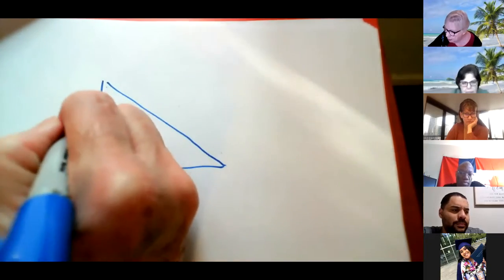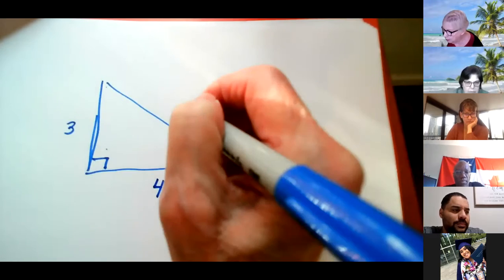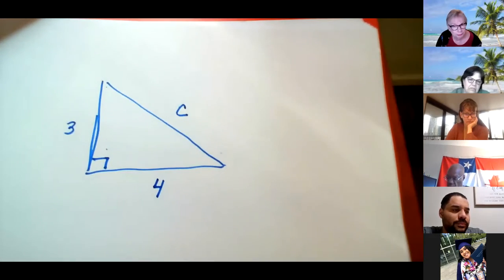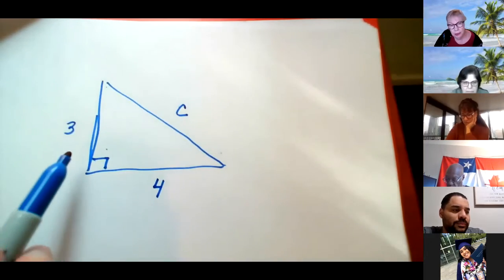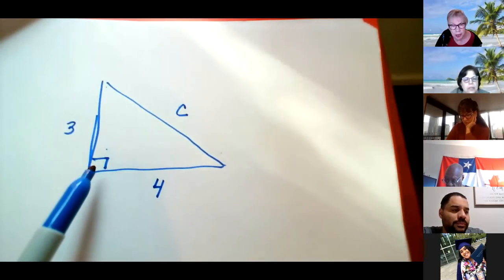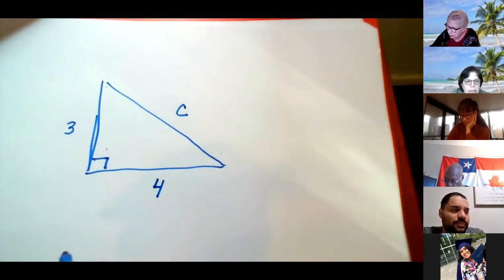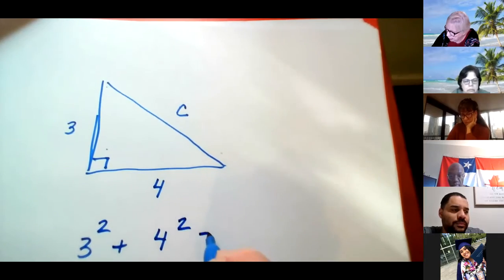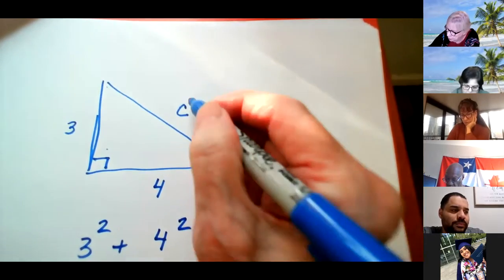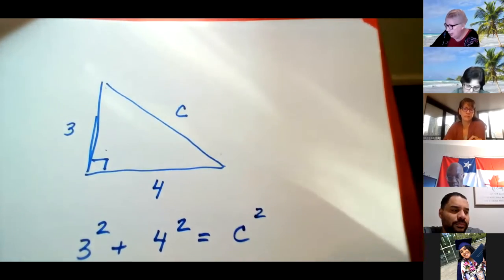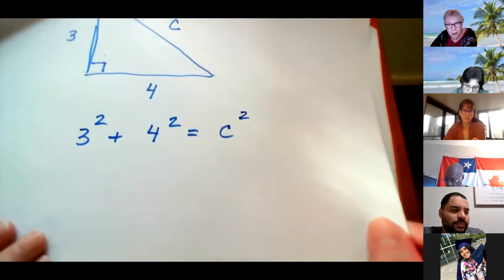And so I'm going to make this side 3 and this side 4 and this side, we don't know. So knowing that the two smaller sides are the sides here, this is the longest side. This would be 3 squared and 4 squared would have to be the letter C, which is a number, squared. And I can do a lot with this, but I'm not going to.